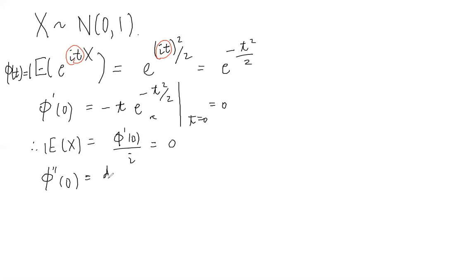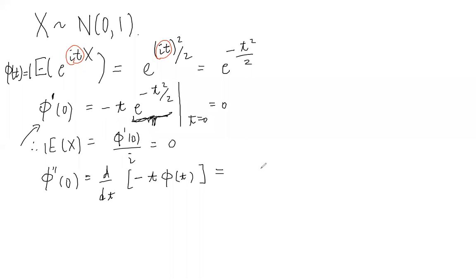This is basically the derivative of minus t times phi t, right? We write it like this so that we can actually recycle the result for the first derivative. You'll find that this is much easier than treating this as a different function.